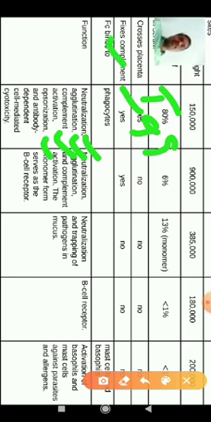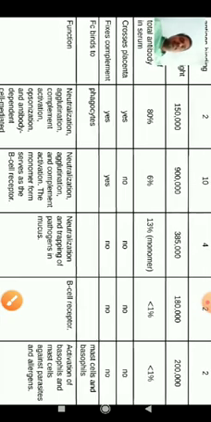Cell death, and IgG also depends on antibody dependent cell mediated toxicity. These are the main functions of IgG: neutralization, agglutination, complement activation, opsonization, and antibody dependent cell mediated toxicity. These are the IgG main functions, and next one is IgM.